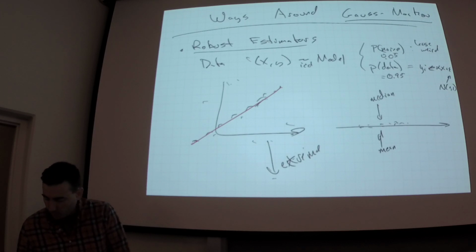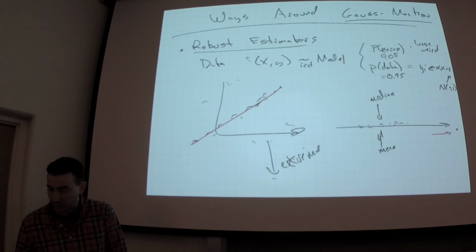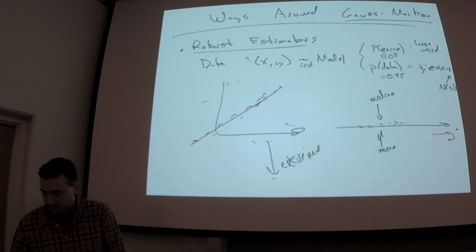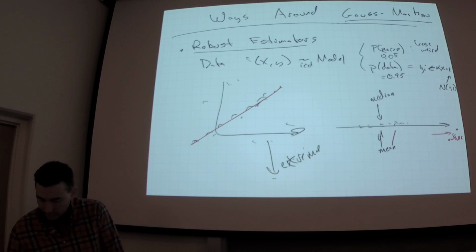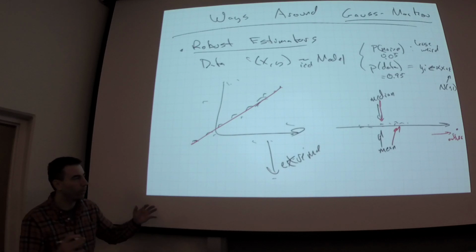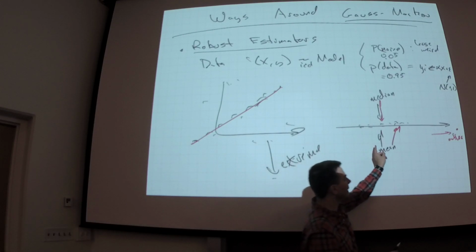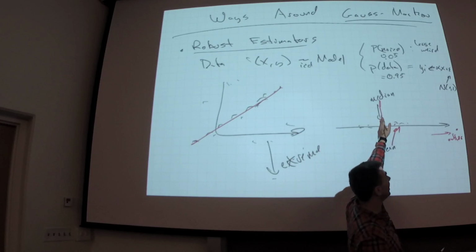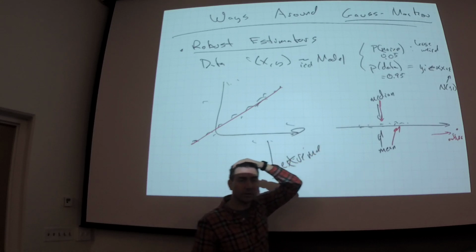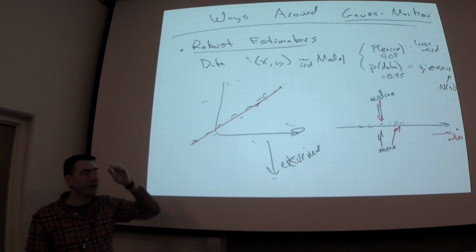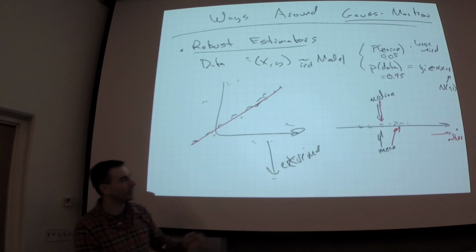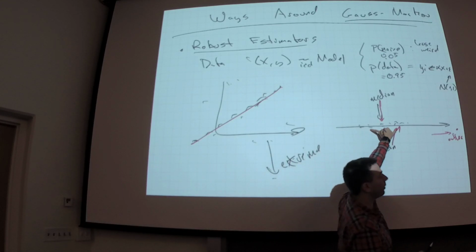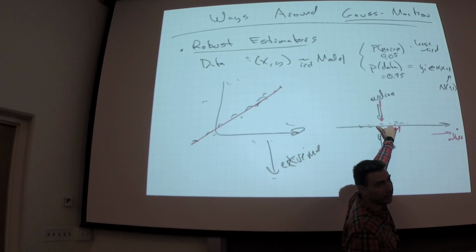But if I add one outlier data point all the way out here, the mean is going to shift, and the median will basically stay in the same spot. One outlier could pull the mean arbitrarily far towards it, where the median will basically stay in the same spot. It's robust in that a small constant fraction of the data is not going to pull the estimator out of the region where the 95% of the data is.